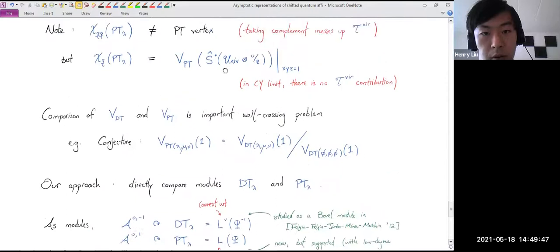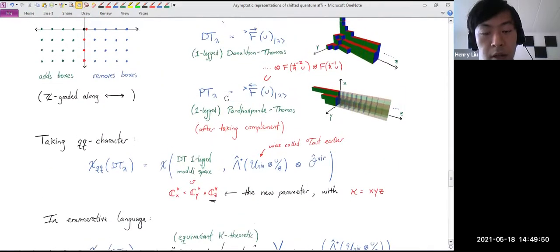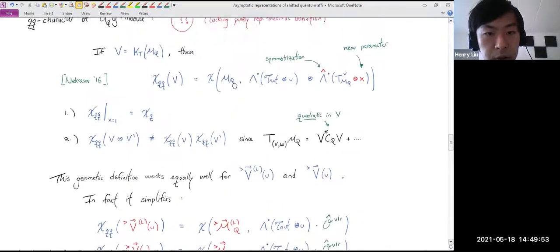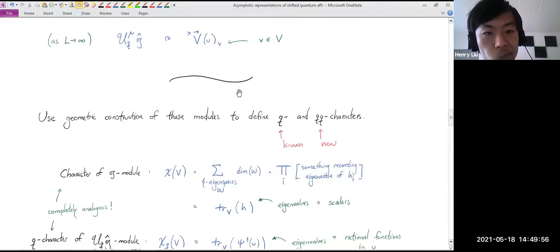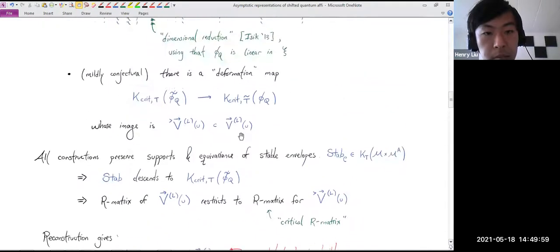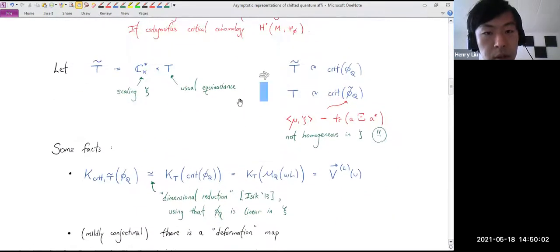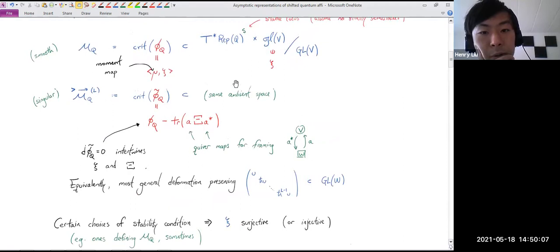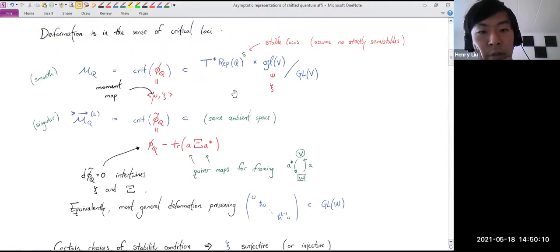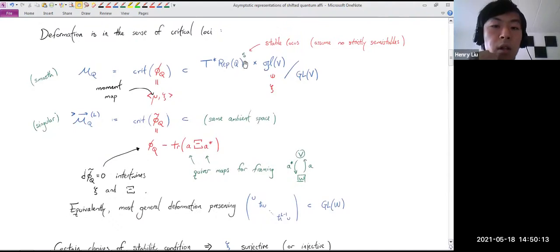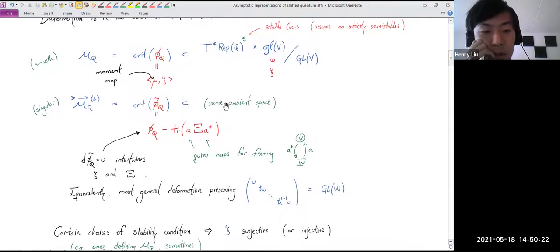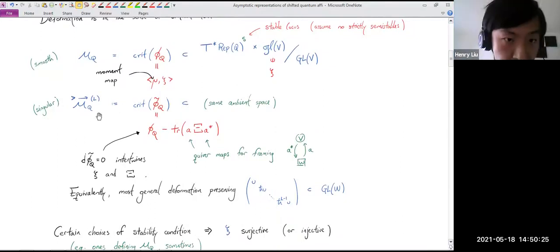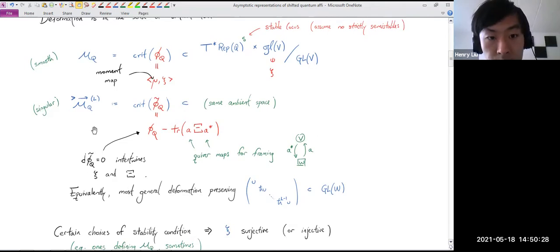If we think back to the incarnation of these modules as critical K-theories, just thinking out loud here: if we perturb, if we move the stability condition across one wall, certainly there will probably be a decent description of the resulting moduli.